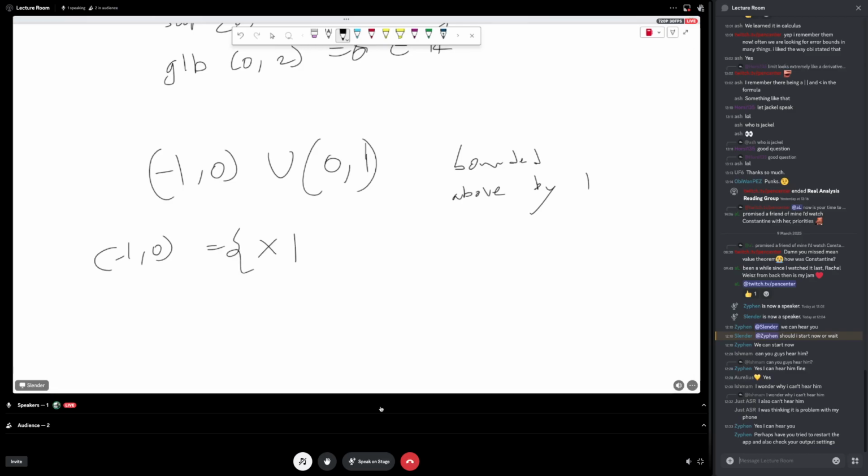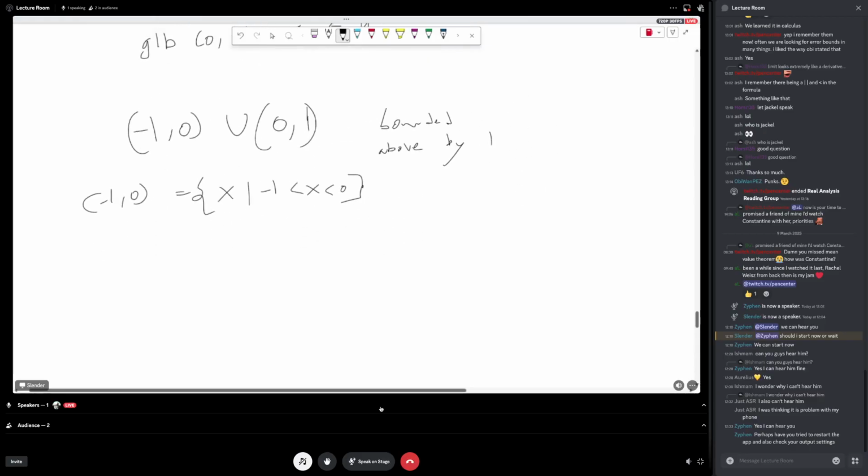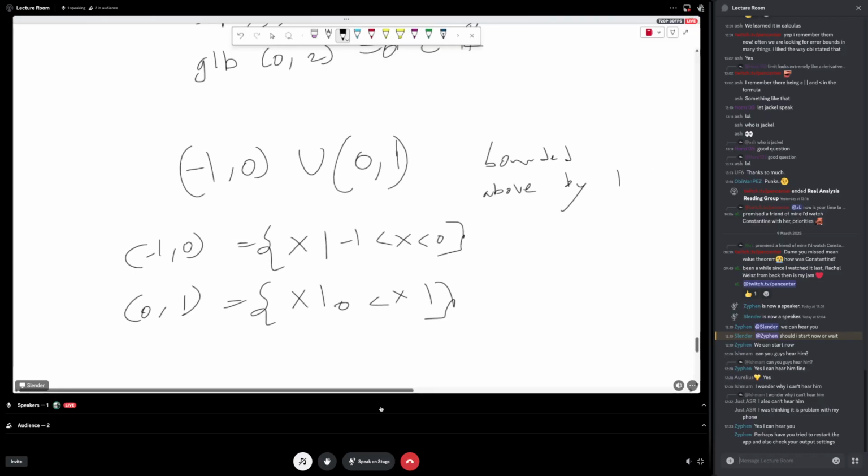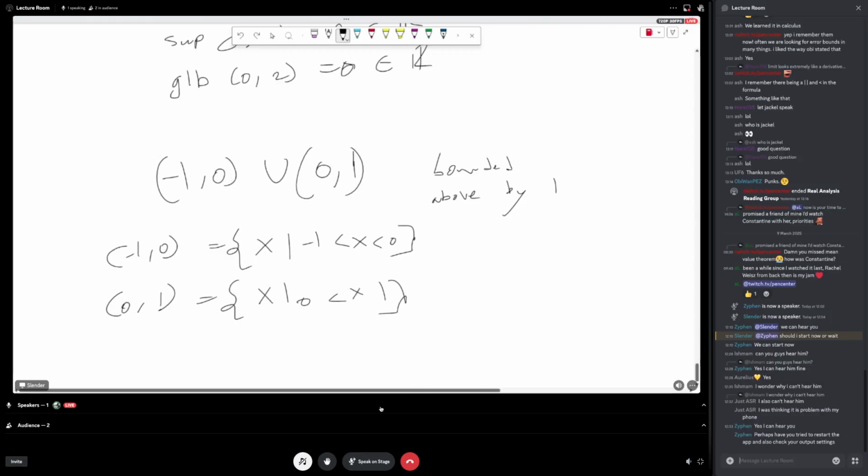This interval is bounded above by one, but if you consider the union of these two, and just the subset of this, the least upper bound needs to be the number that bounds above all of the numbers here.